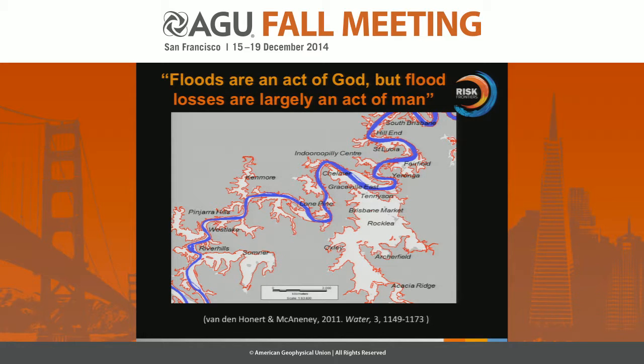So there's no real secret there, and again, the red outline is very similar to the 1974 floods.